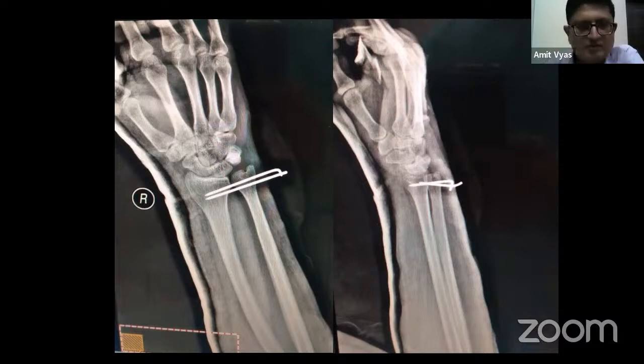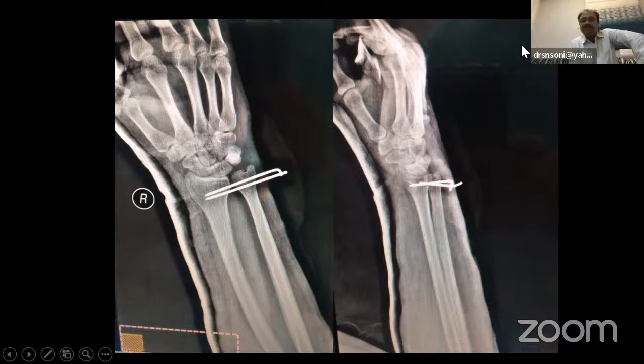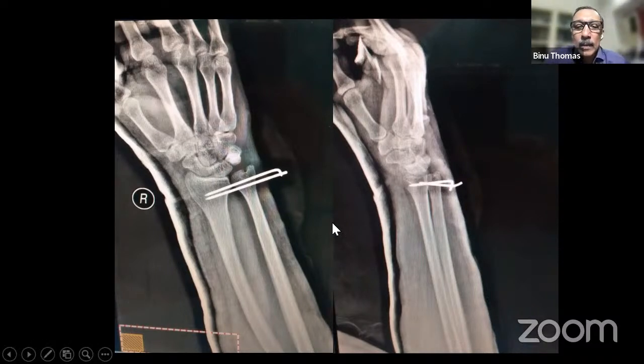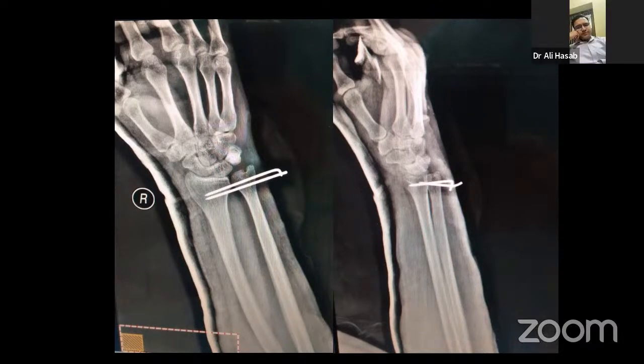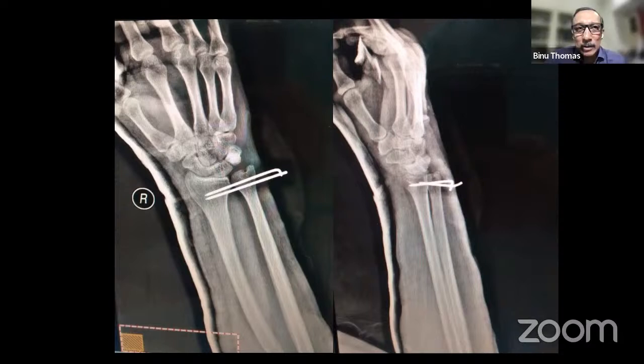Any further discussion about this? So this is a situation in an acute setting. Do we go for repair or do we try conservative? I work with people who are very good wrist surgeons, and they always tried conservative management.